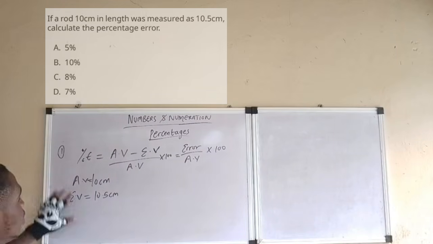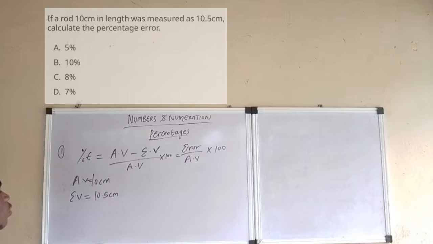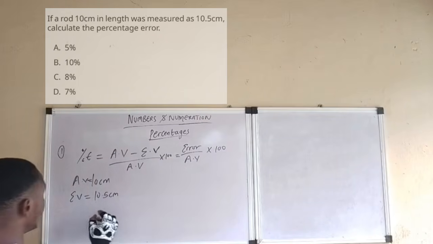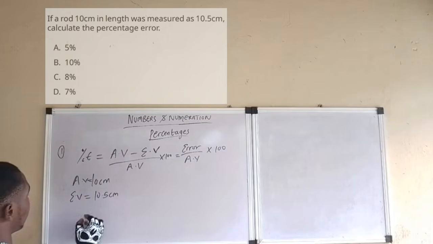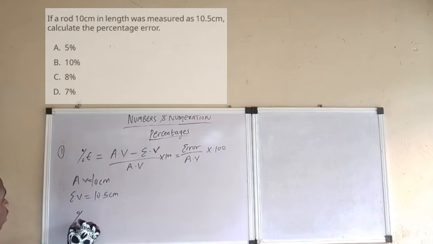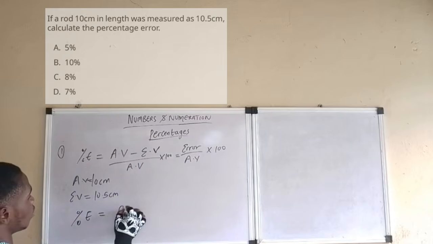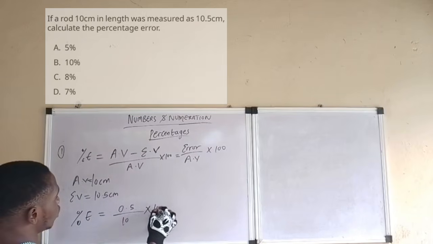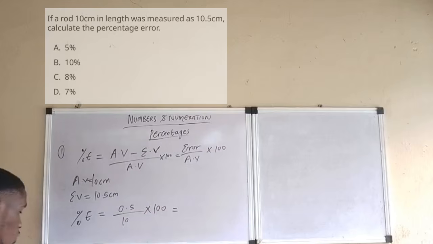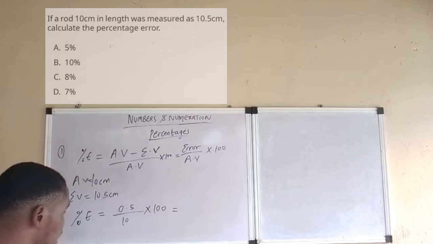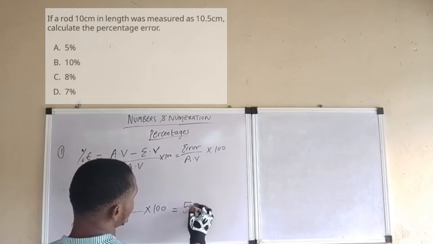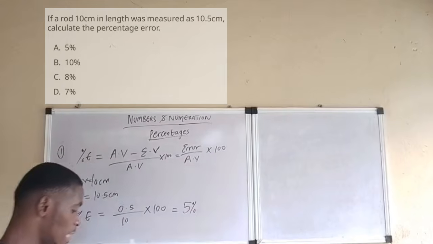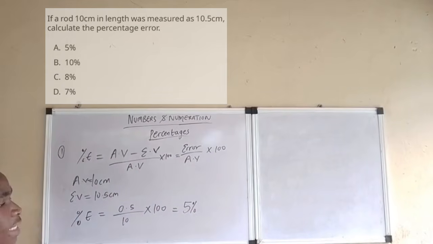So error basically is the difference between these two. And the error is 0.5. So to get the percentage error, we say error, which is 0.5, over the actual value, which is 10, times 100. All right. So what we're actually going to be getting when we simplify this is 5%. And that answer is option A. So that is it on percentage.